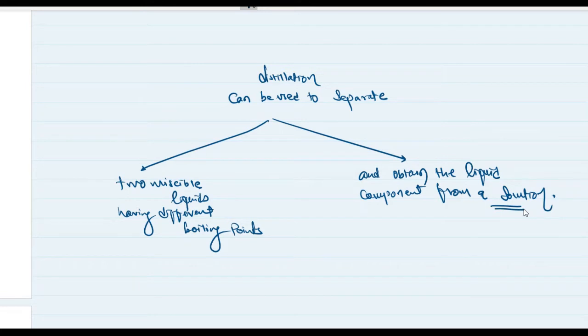If you want to obtain the solvent or the liquid component from a solution, you can use distillation.